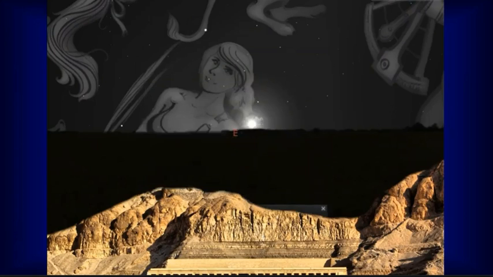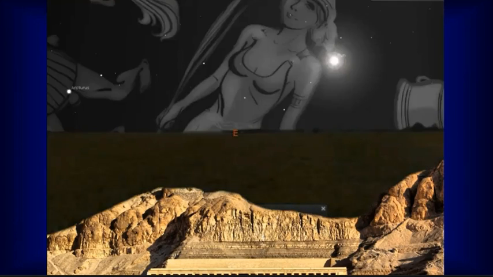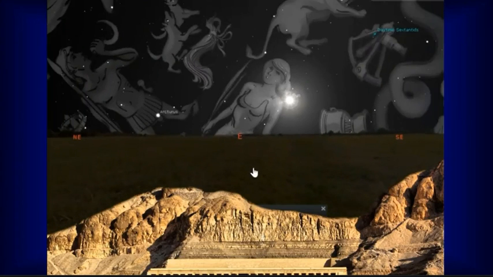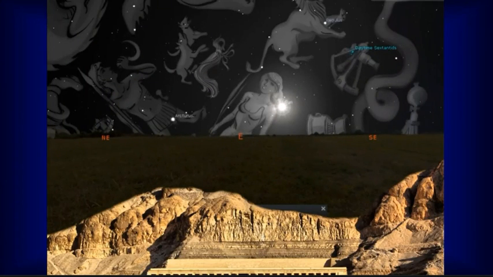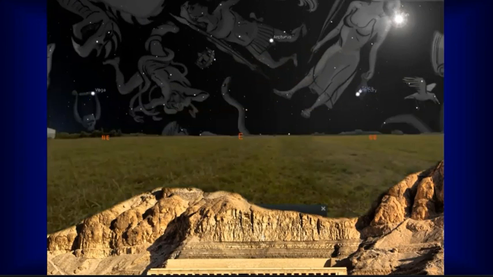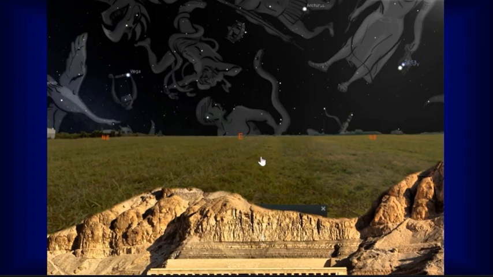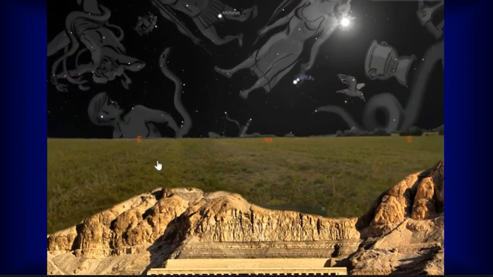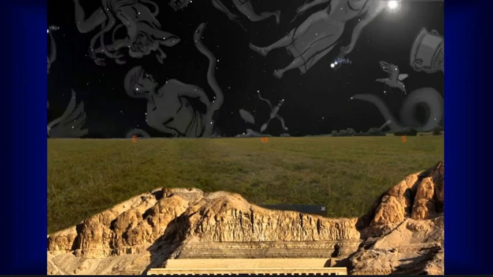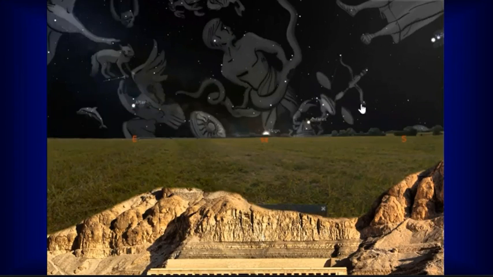Alright, this is the fall equinox, autumn, and that is when the sun comes up again at the exact eastern horizon, and it's not in Libra but in Virgo.